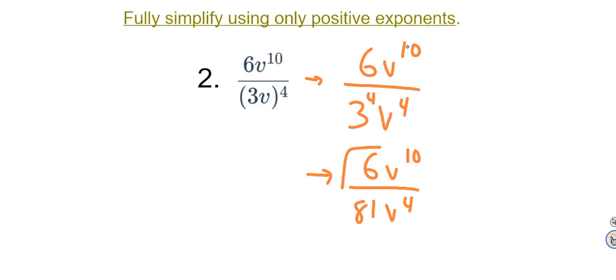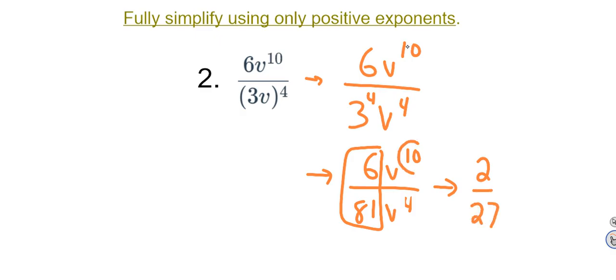All right, 6 and 81, we're going to put that in our calculator as a fraction, hit the enter button, and that should simplify it. 3 goes into 6 2 times, and 3 goes into 81 27 times. Then we look at our v.